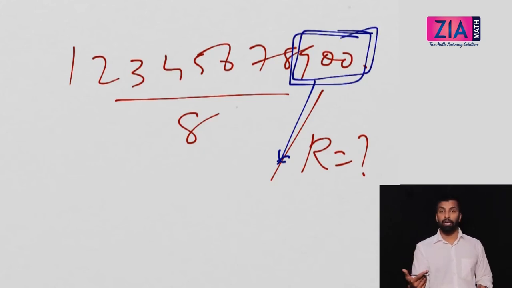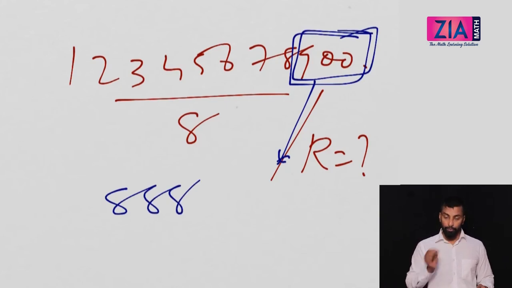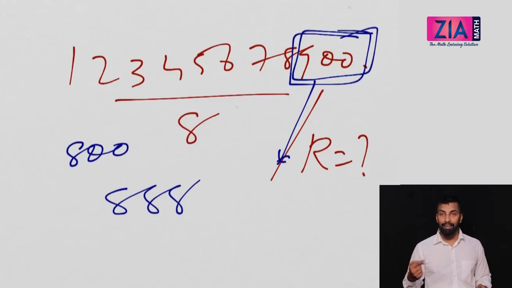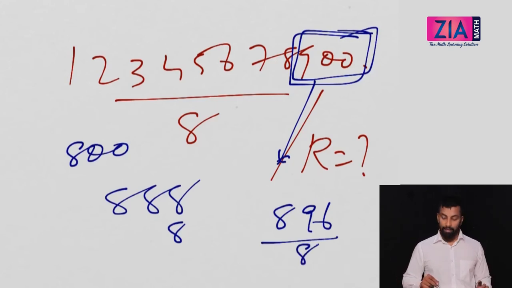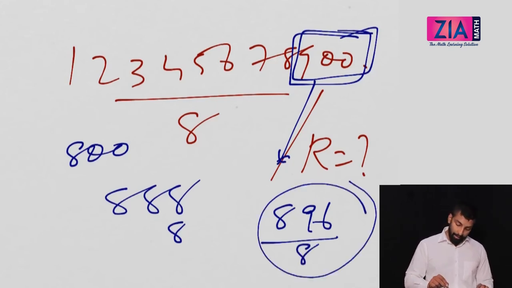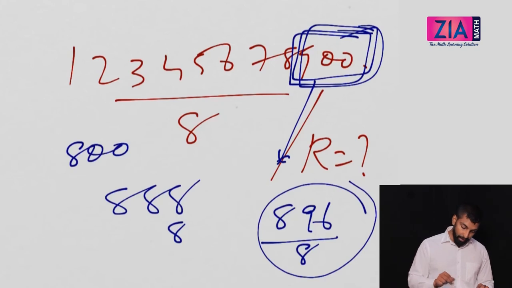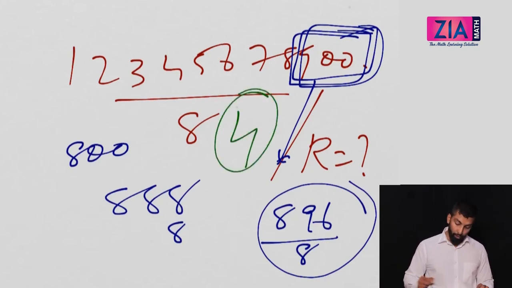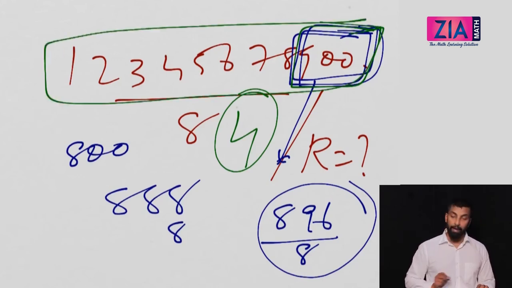You know 800 is a multiple of 8, right? 888 is also a multiple of 8. Then you add 8 more, you get 896, so 896 you can divide by 8 completely. Here it is 900, so the remainder will be 4. When you divide 900 by 8, you get remainder 4. The same will be the remainder if you divide the bigger number by 8.